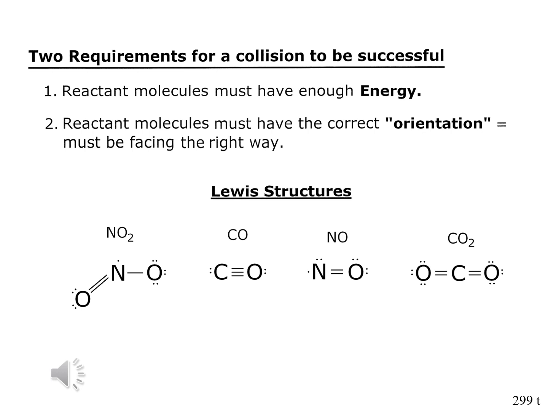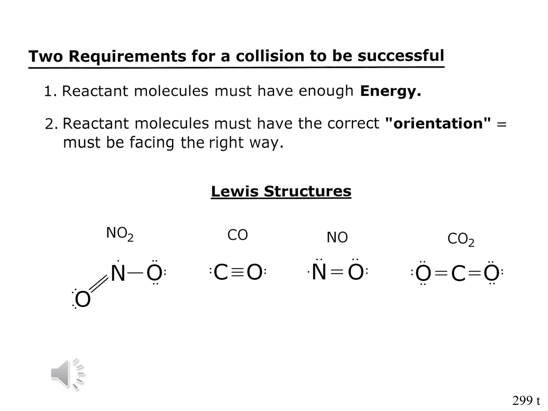They have to hit each other hard enough. The second requirement is that they have to have what they call in chemistry the correct orientation. They must be facing in the right direction. If either of these two is not fulfilled, the molecules bounce apart and the reaction is slower than what you would get from diffusion controlled.